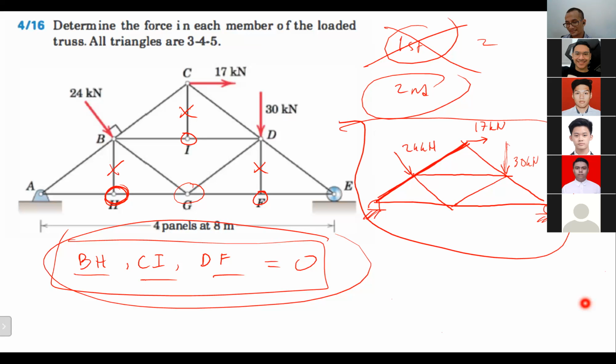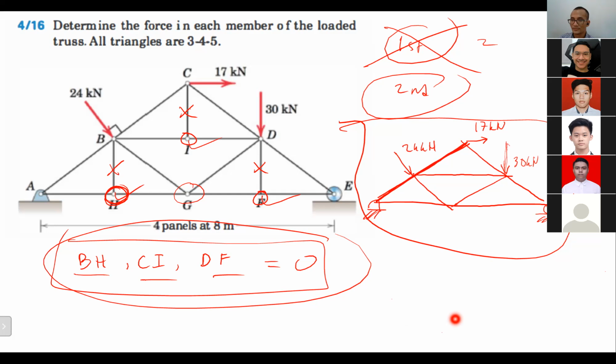So now the number of joints that you're supposed to solve is way less than before. You don't have to solve for joint H, joint I, or joint F. So you eliminate 3 joint calculations there. Do you get it, guys?